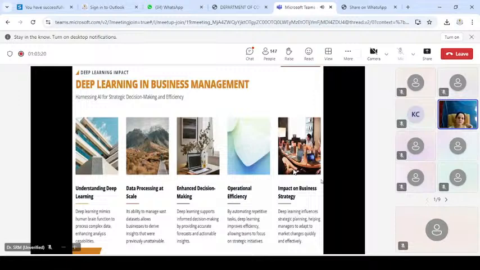So this global shift towards data-driven decision making is enabling organizations to capitalize on data to enhance their customer experiences, right? For efficient operations as well as for smarter market positioning. See, in a world where data is the new currency, deep learning is enabling businesses to tap into its fullest potential and also to stay competitive. Am I right?